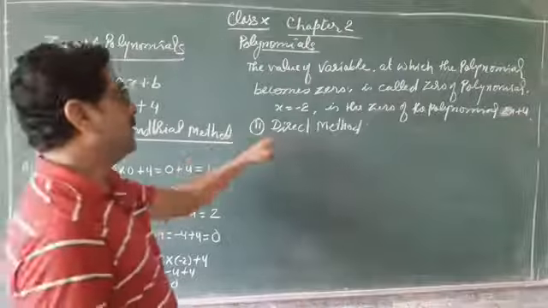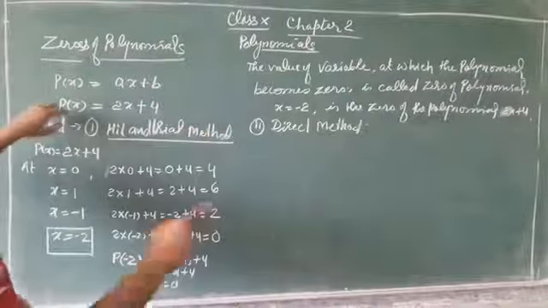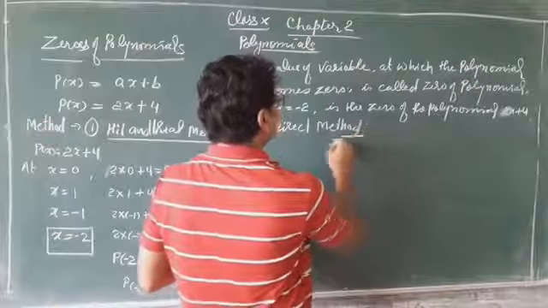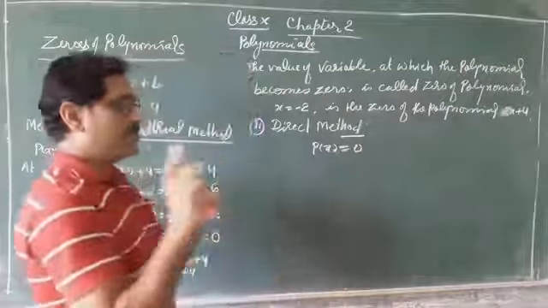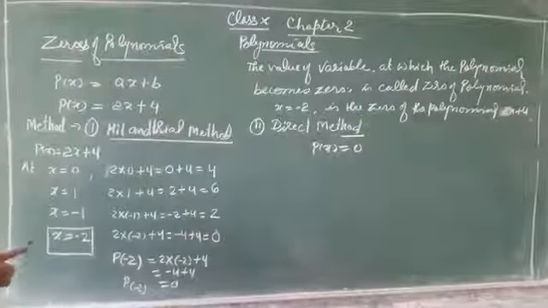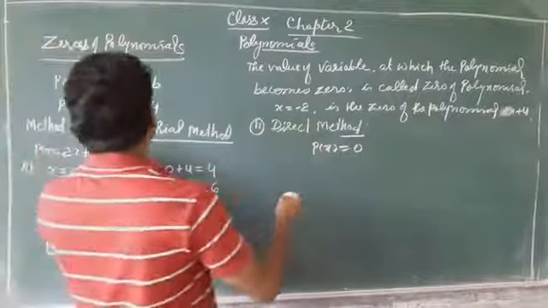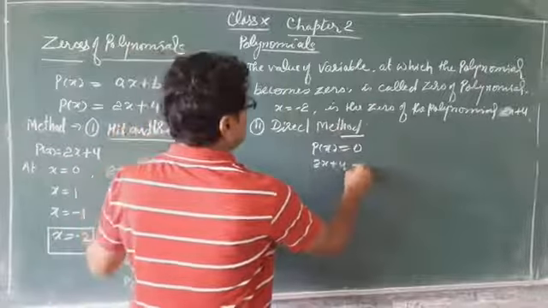By this method we put the polynomial equal to 0. Means we put p of x is equal to 0 and then solve the equation, means 2x plus 4 is equal to 0.